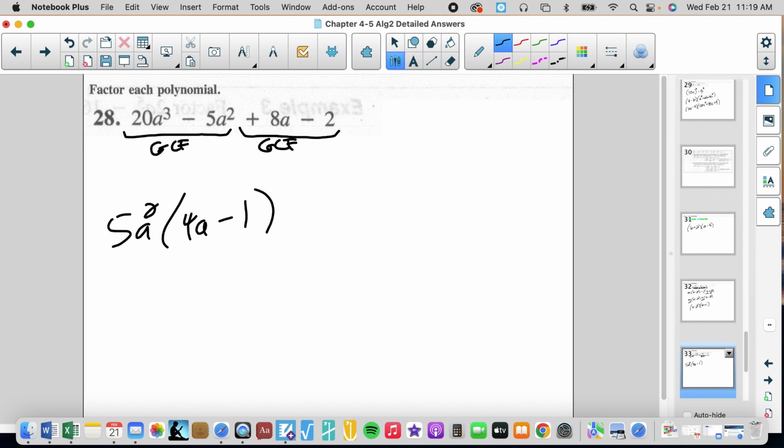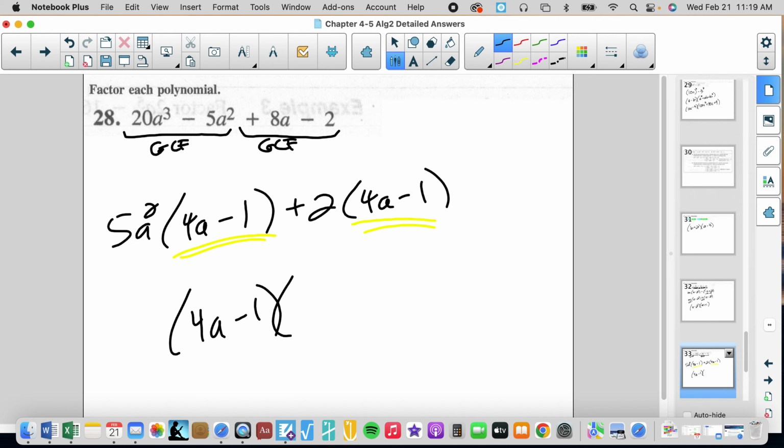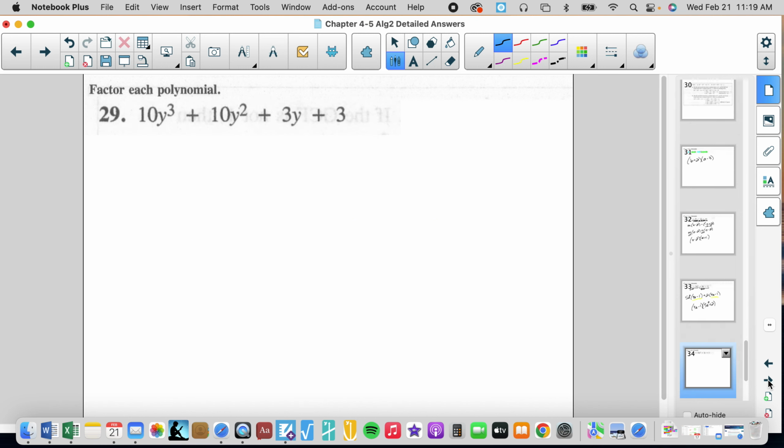In the second group, we take out a 2, and that leaves us with 4a minus 1. And we see that we have like parentheses. So if we pull out that 4a minus 1, that leaves us with 5a squared plus 2. Factor by grouping. Typically when we see 4 terms, we think factor by grouping.